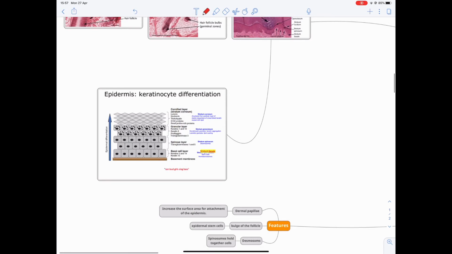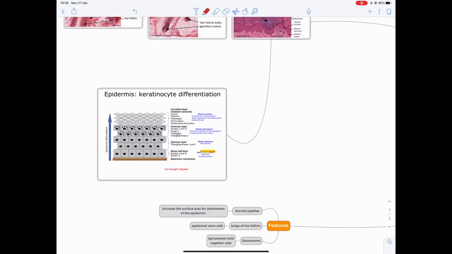The epidermis itself is made up of several layers. It begins with stratum basale, or basal layer cells. So here's stratum basale, stratum spinosum, which is the majority, stratum granulosum, and finally stratum corneum.